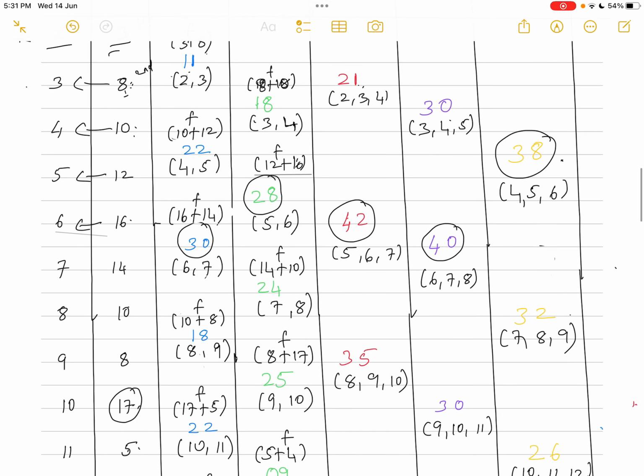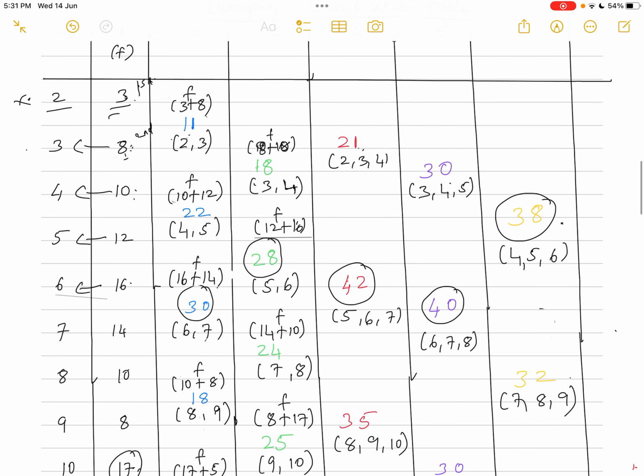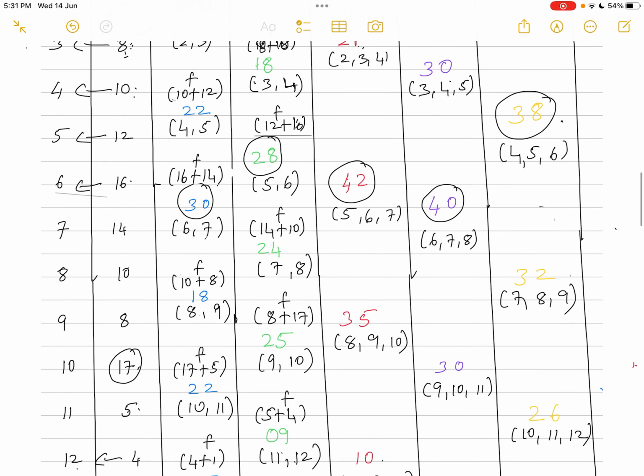As far as column 1 is concerned, that is the frequency, you can see 3, 8, 10, 12, 16, 14, 10, 8. You can see that 17 is the highest, so circle the 17.